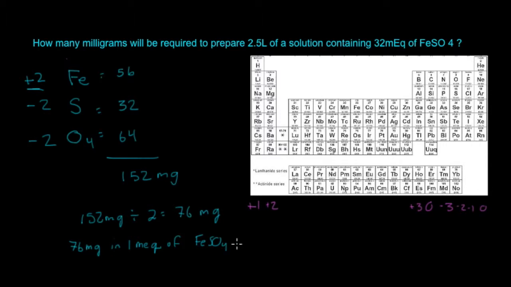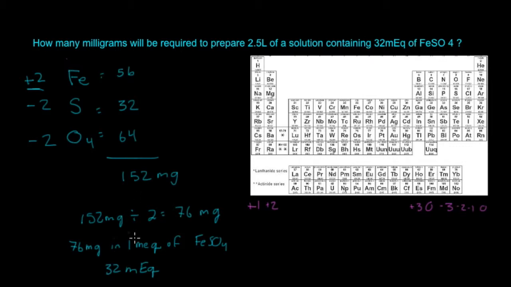FeSO4, iron sulfate, okay? But we don't want to know how many are in 1 mEq. We want to know how many are in 32 milliequivalents, okay? So we're going to do it like I like to do all the other calculations.